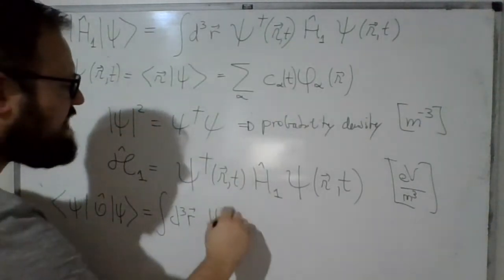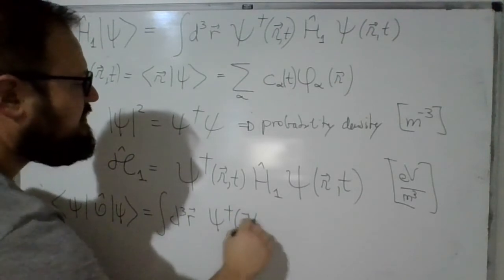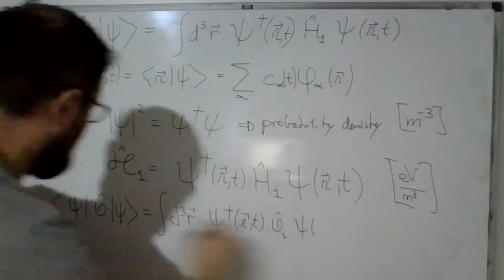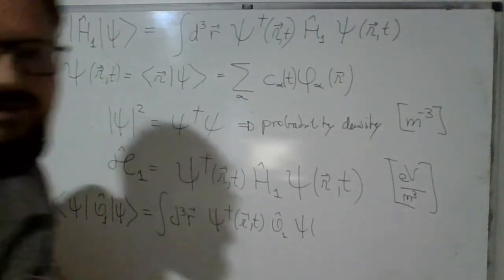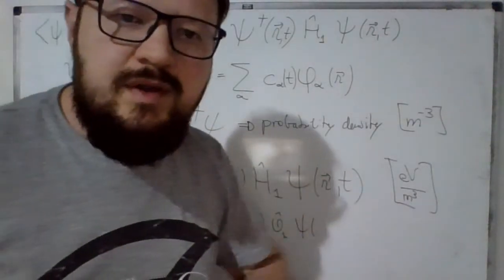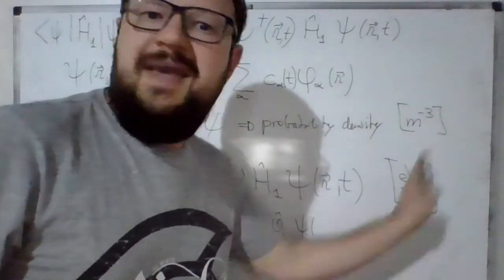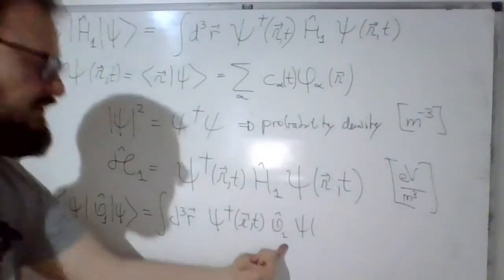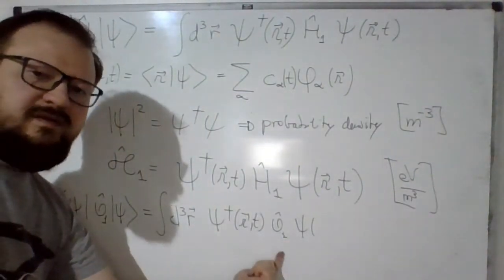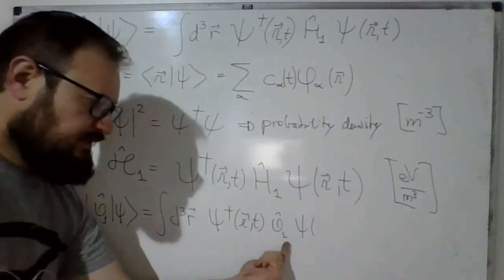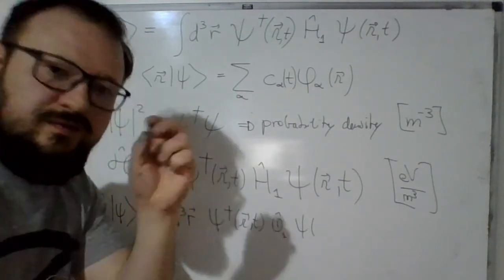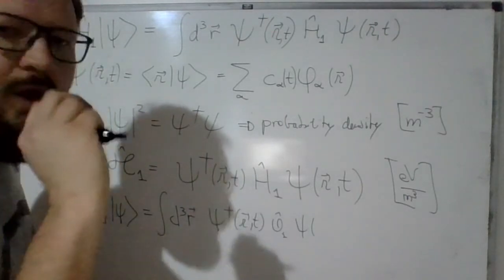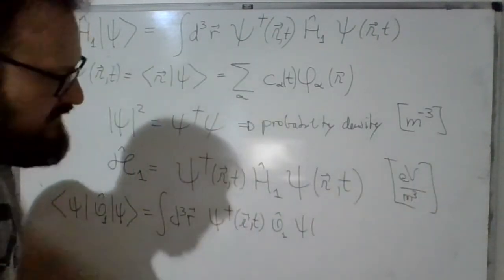So we'll have a psi dagger of r and t, and the operator given. The only restriction is that it acts only on the coordinates, or momentum, or whatever, on the quantum numbers of a single particle.